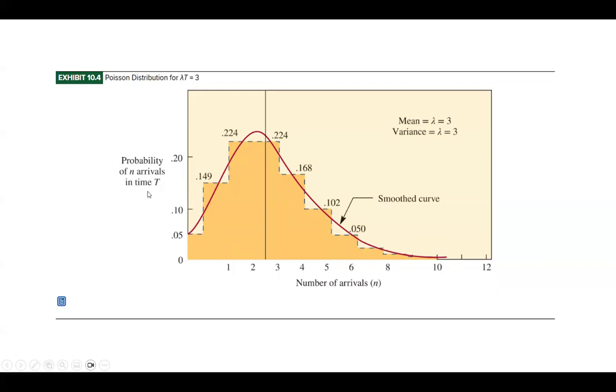You can see that the distribution for the Poisson is discrete, not continuous, because we analyze the probabilities of the number of arrivals, and the number of arrivals are integers. We will not consider 1.5 people arriving or 2.3 people arriving. We always consider integer numbers. That's why it looks discrete here.